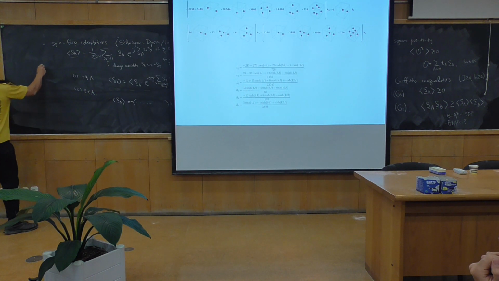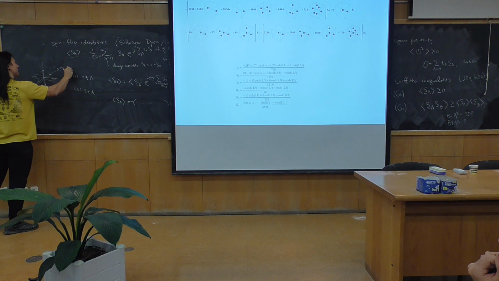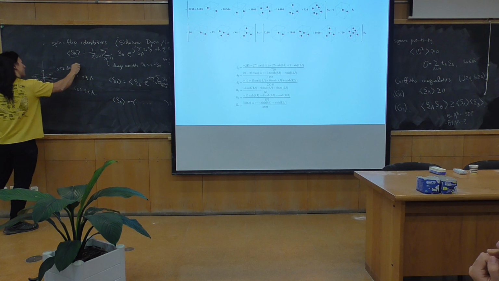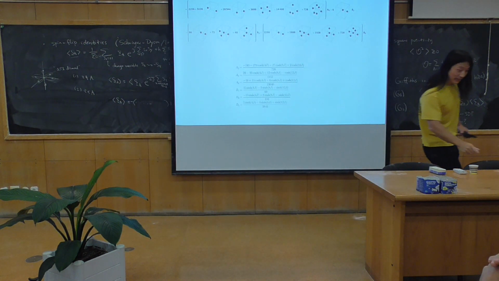So in 3D you have this thing called the 151 diamond. On that, you can write down a bunch of these spin flip identities.